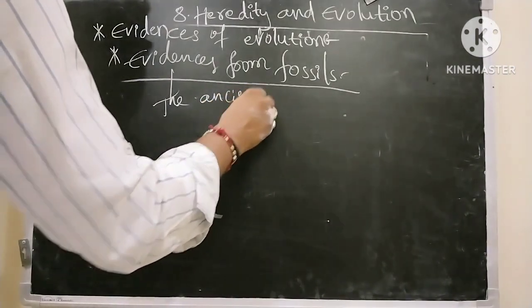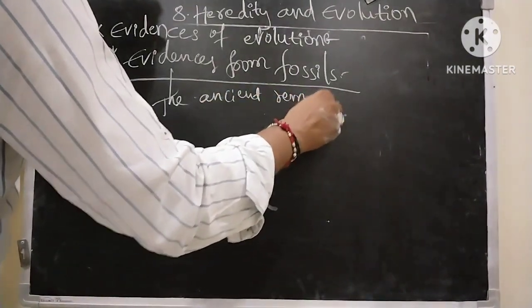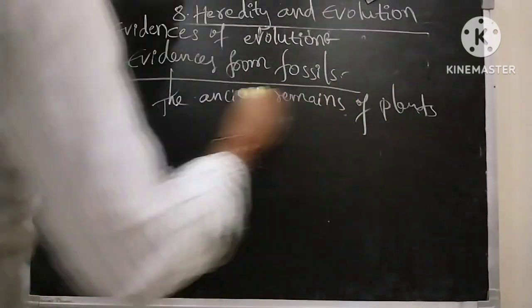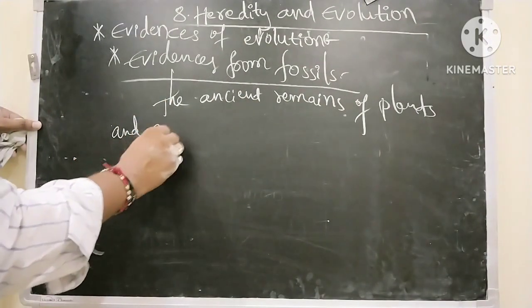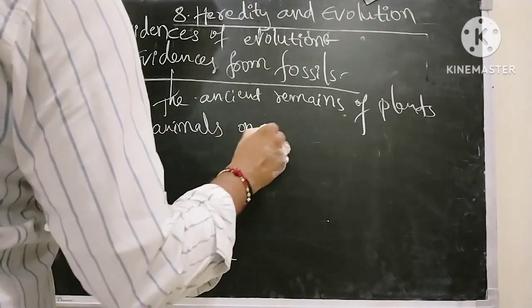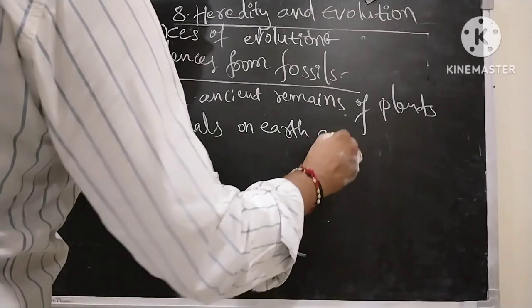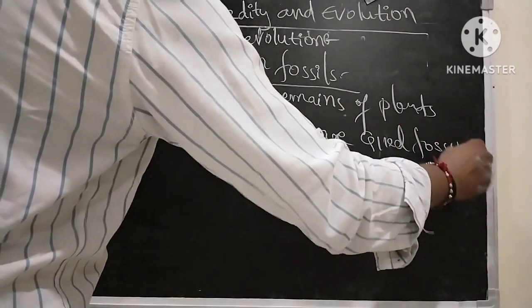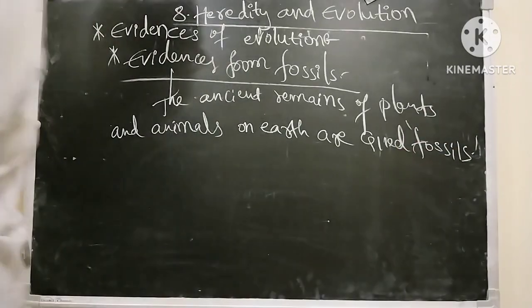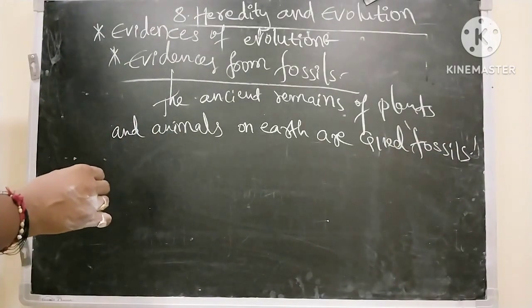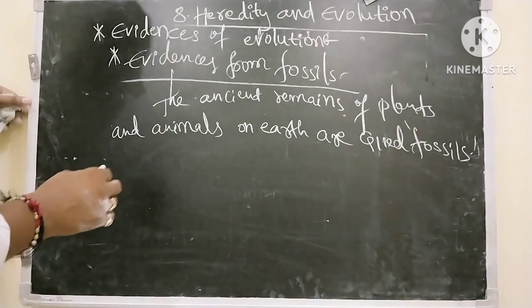The ancient remains of plants and animals on earth are called fossils. Otherwise, we also say that the preserved traces of plants and animals are called fossils.